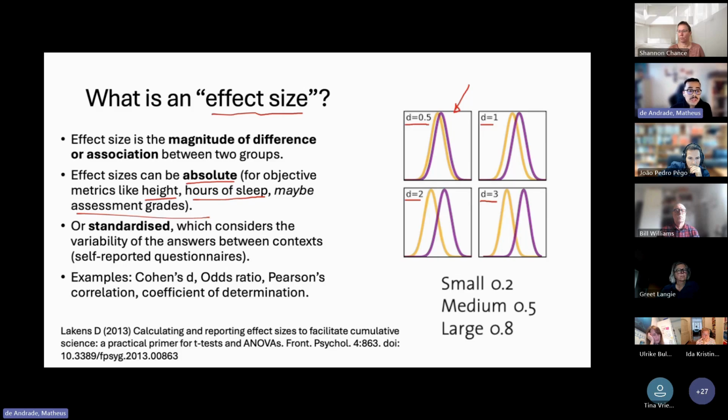However, if we're doing things that are more subjective and have more variability in the answers, like self-reported questionnaires and surveys, the ideal thing is to report a standardized effect size. A standardized effect size takes into consideration the mean of your data as well as the spread of your data.